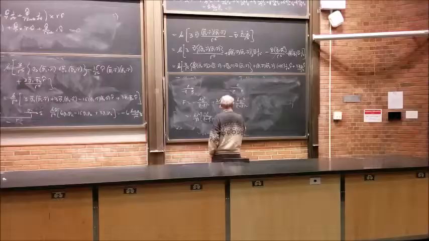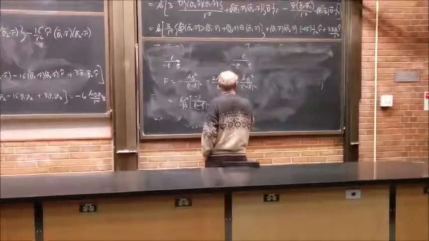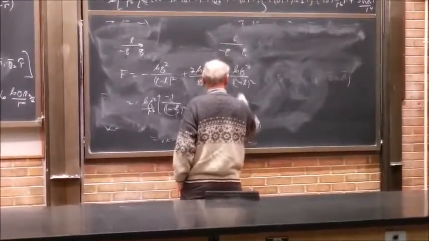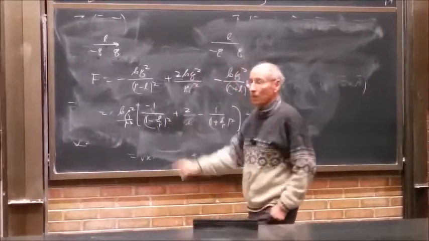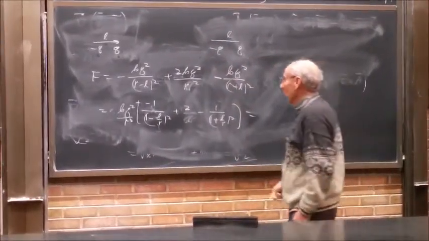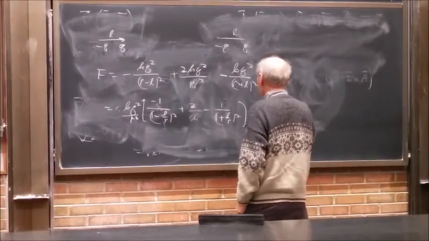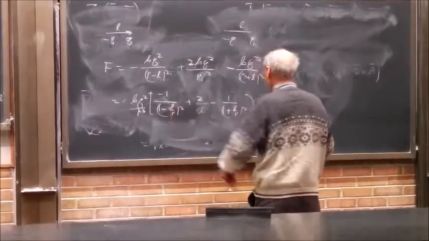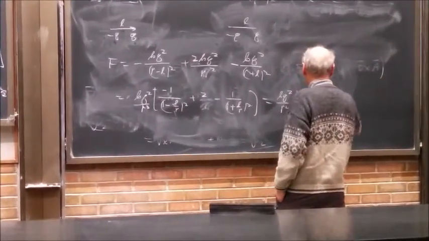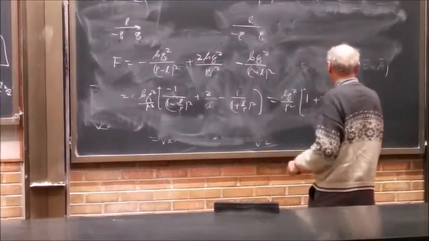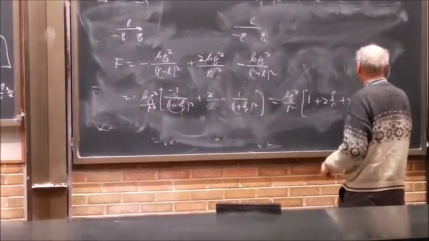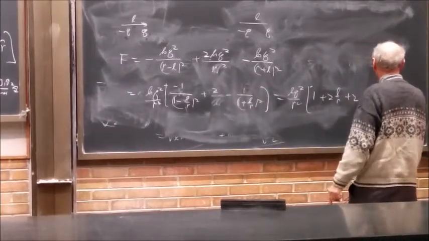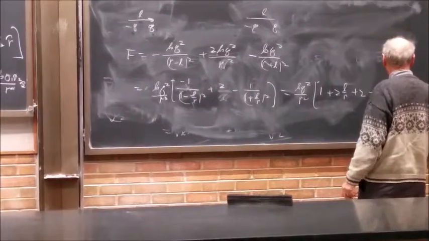Here I will have 1 over 1 plus L over R squared. Now just expand by the usual Taylor's theorem, and you get K q squared over R squared times 1 plus 2 L over R, plus 2, minus 1 plus 2 L over R.